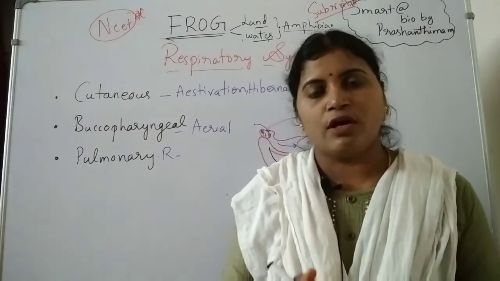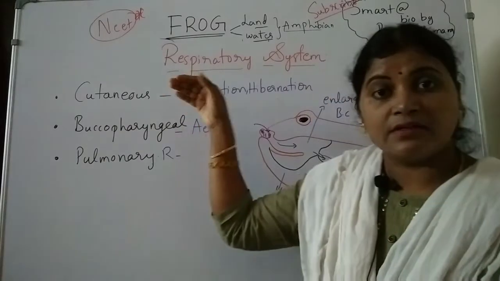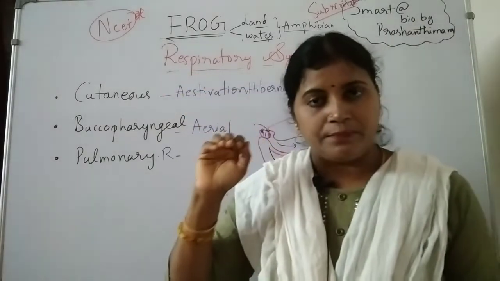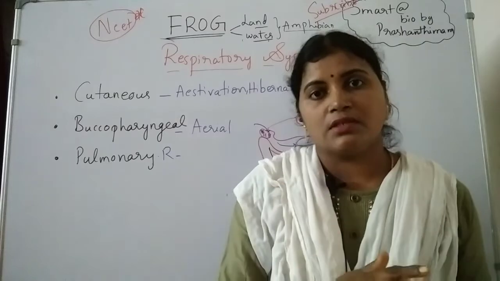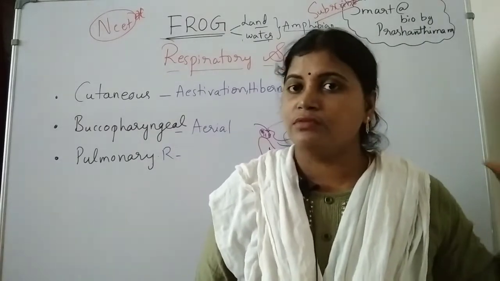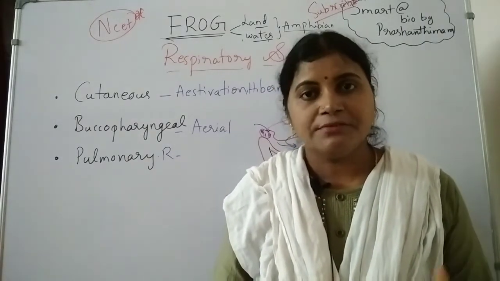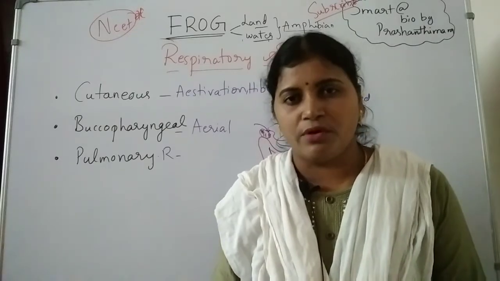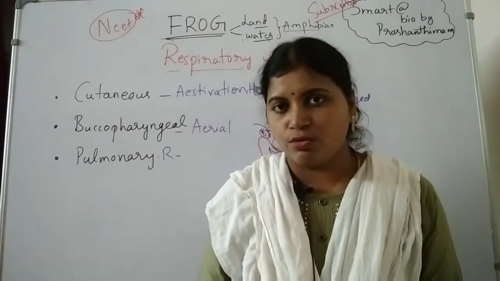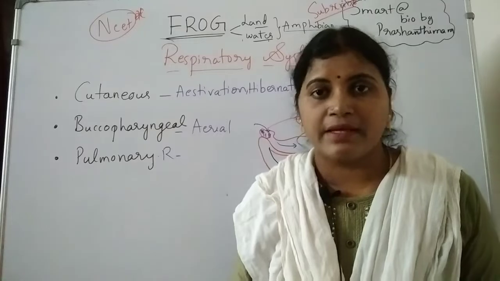When the frog goes into hibernation and estivation time, hibernation means winter sleep. During the winter it sleeps to avoid dehydration of water, and because of the very cool temperature. Even in the summer it sleeps, like estivation.